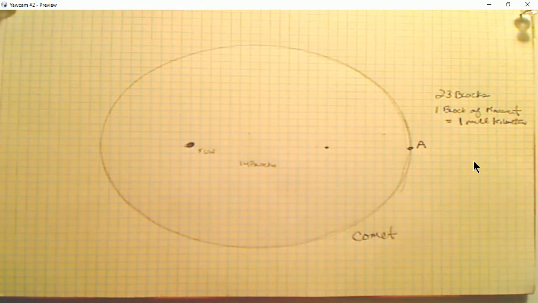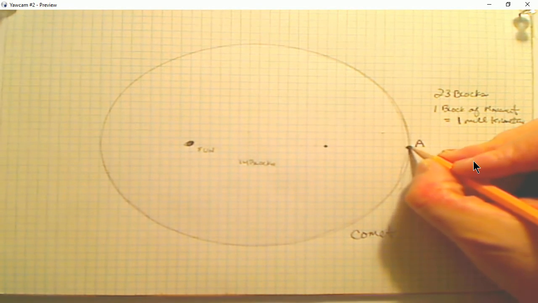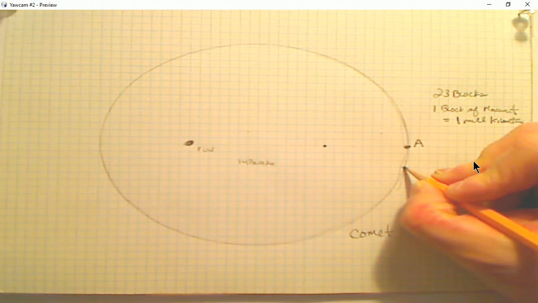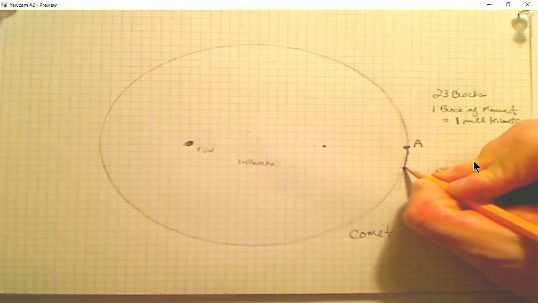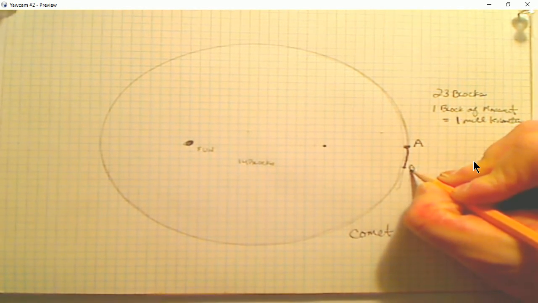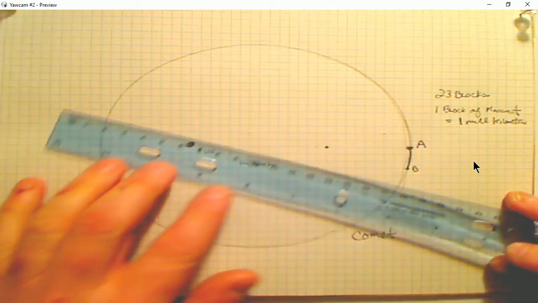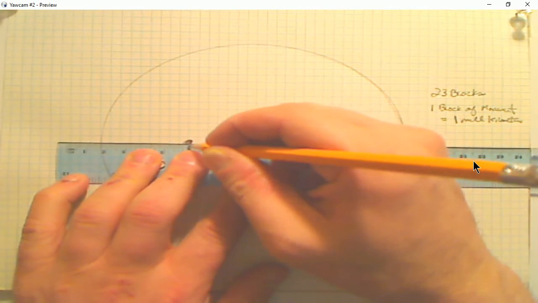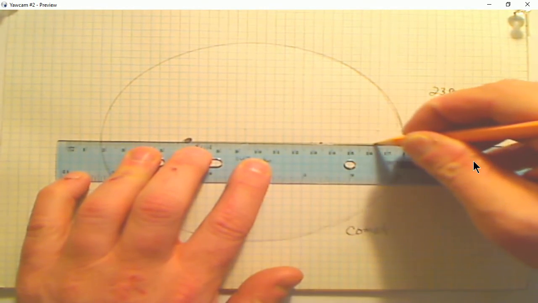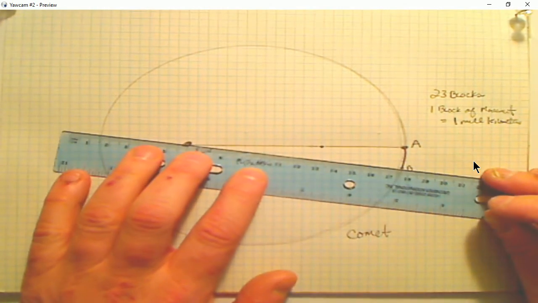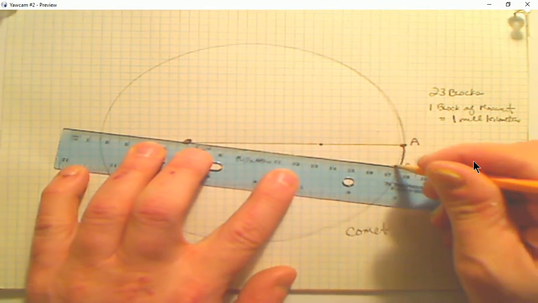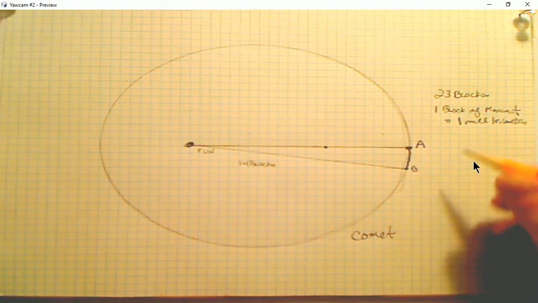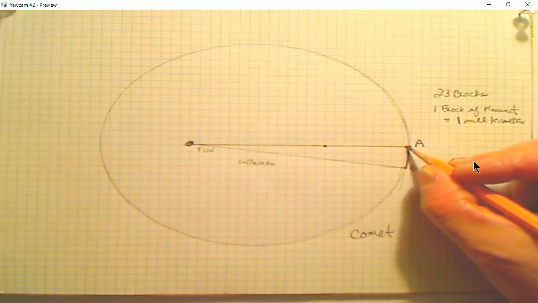Okay? So let's do this. If I move 1, 2, 3, roughly 3 blocks down to B, I can draw these lines. And I'll give you this calculation. It's pretty straightforward. And how do I get this?